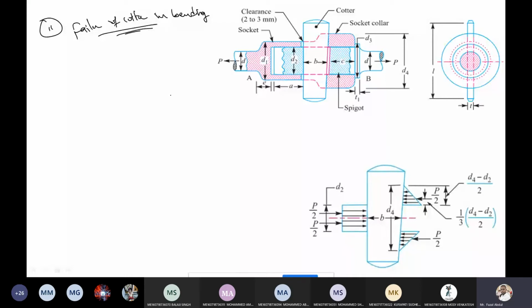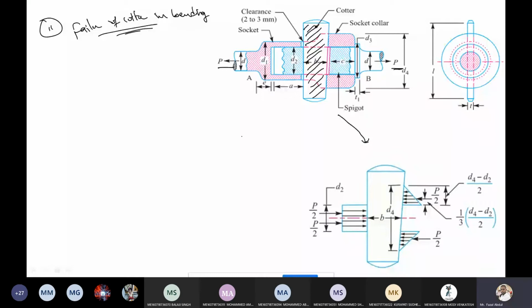But in actual practice, because of this tensile load application, the entire cotter is going to be subjected to bending. Okay. So how it appears after bending, that diagram is shown here.